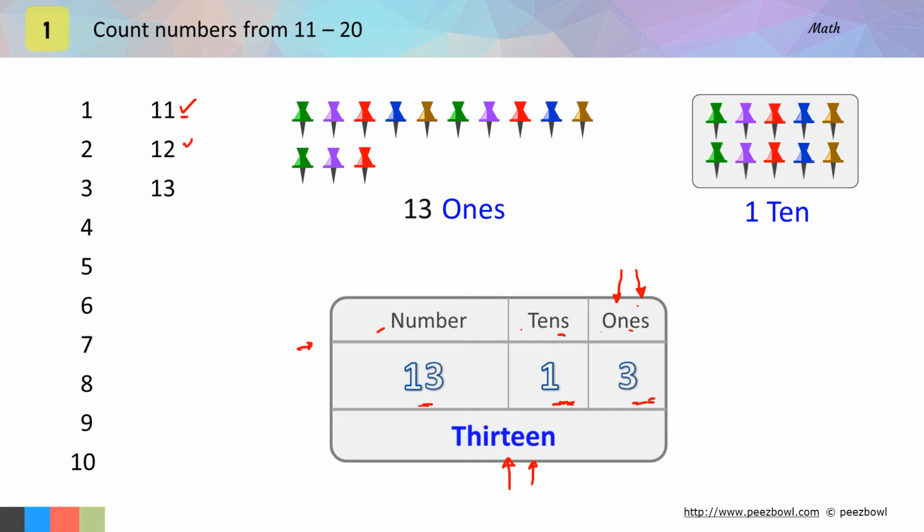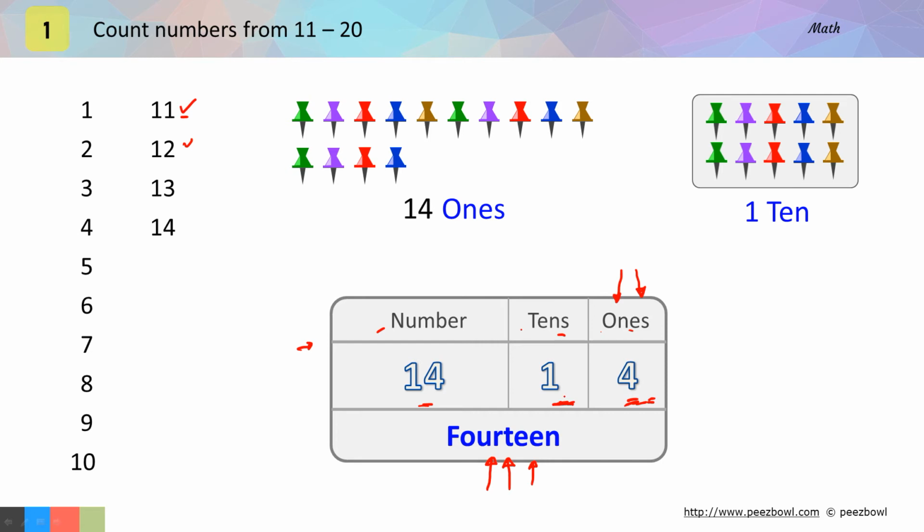Same way, for 13 we have 3 at 1's place and 1 at 10's place, and this is how 13 is written in English. I will move on and see how we increased the number of ones in 14. So now we have 4 at 1's place and 1 at 10's place in number 14.